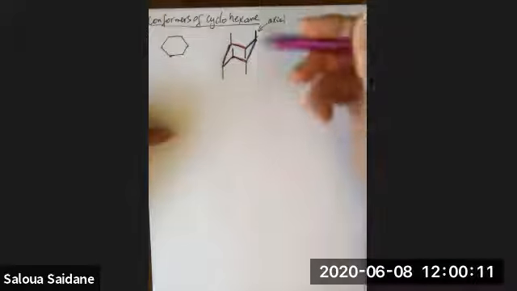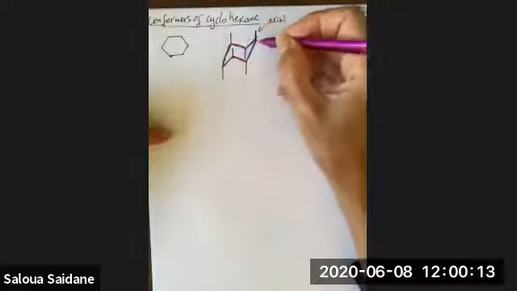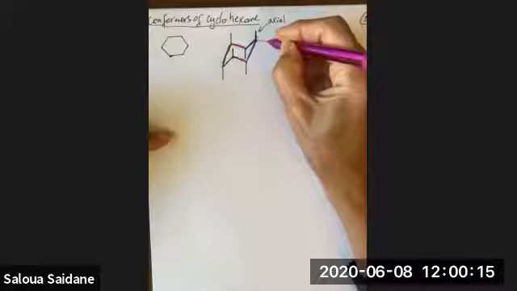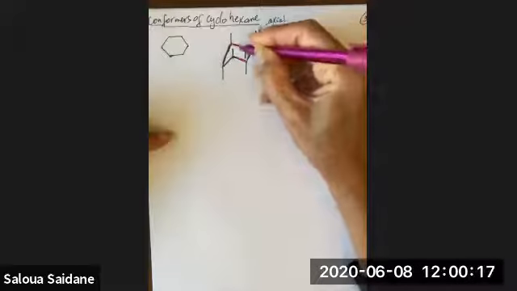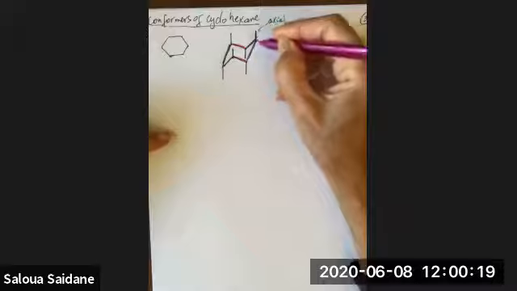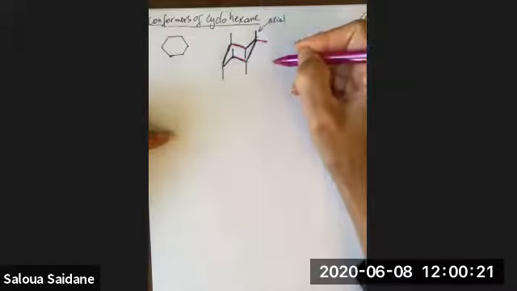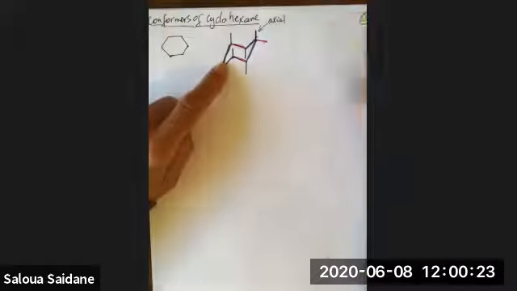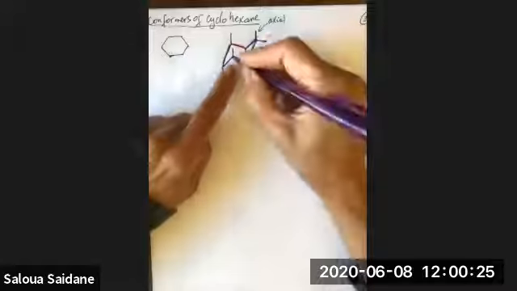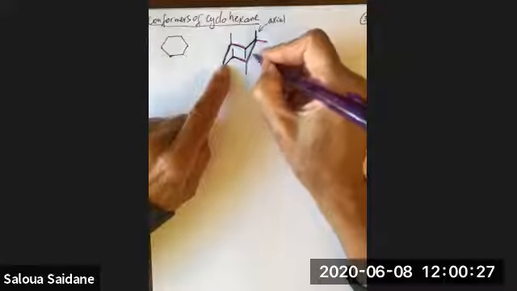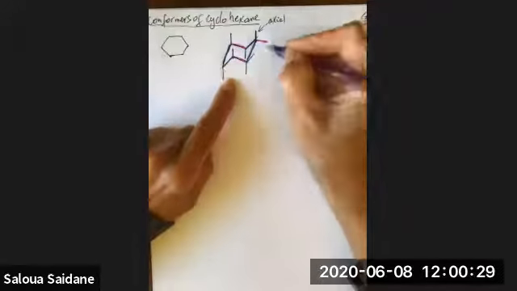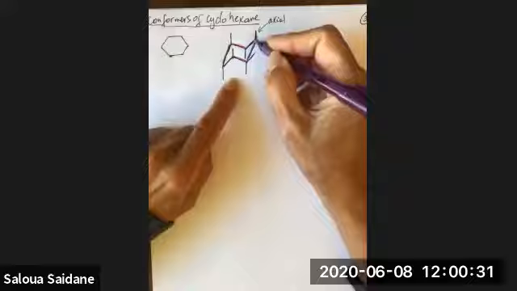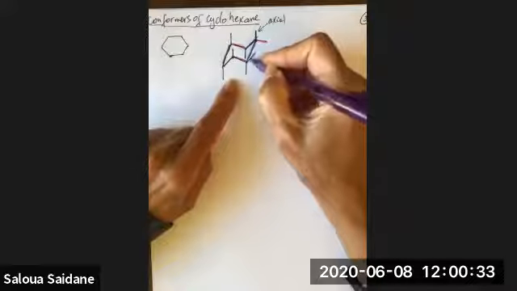And this is what's interesting: see this pink? This is parallel to the pink. So this and this are parallel to each other. Now in here, the one here is parallel to this, which is parallel to this.